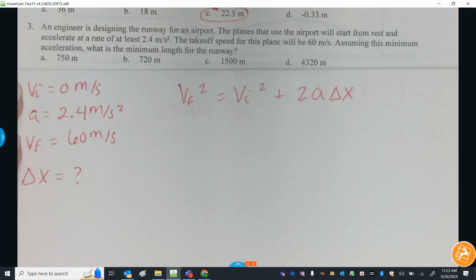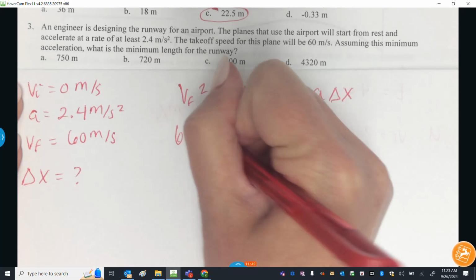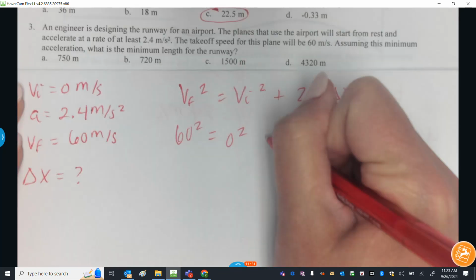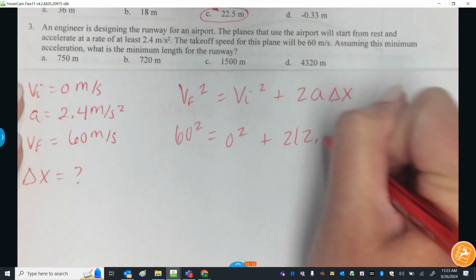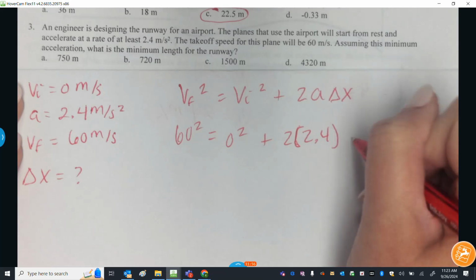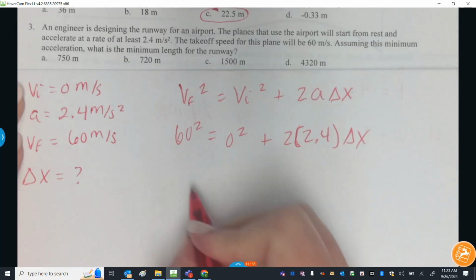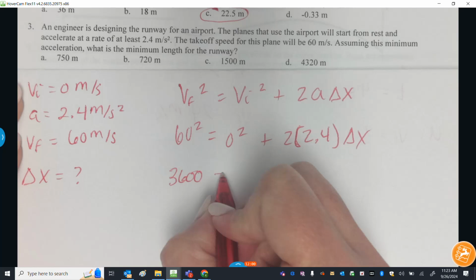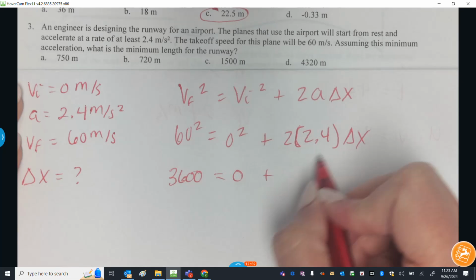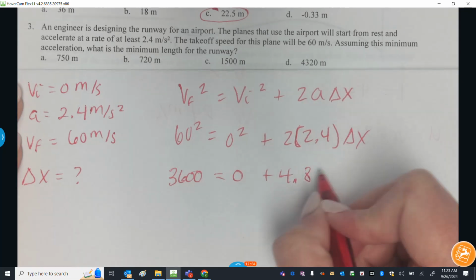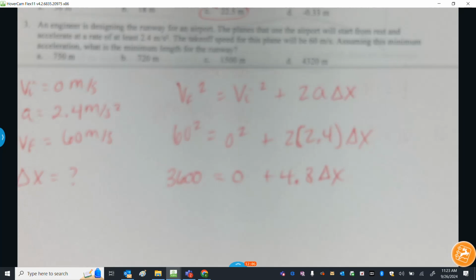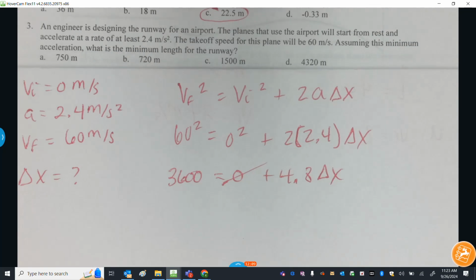So if we plug in, that is 60 squared equals 0 squared plus 2 times 2.4 times delta X. 60 squared is 3,600. 0 squared is 0. 2 times 2.4 is 4.8. All right, from here, of course, adding 0 to anything doesn't do anything.